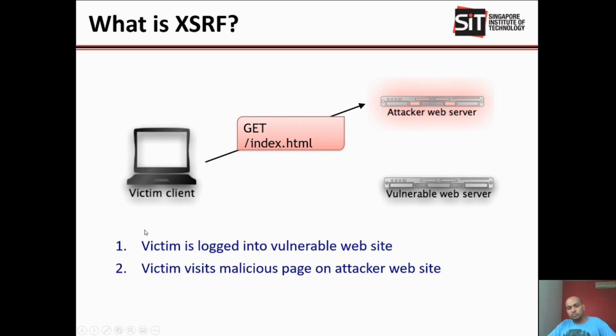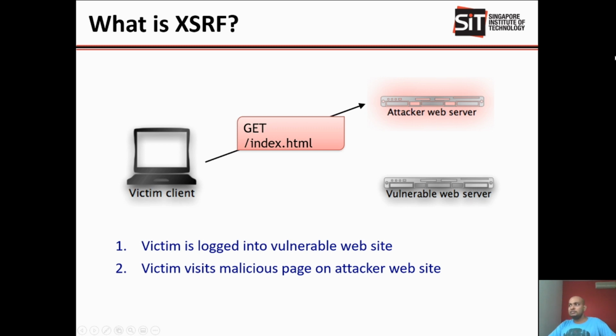Okay, and at this point what happens is, when you visit the attacker web server, it is basically trying to attack this vulnerable web server. So from this web server there will be requests sent directly to the vulnerable web server.